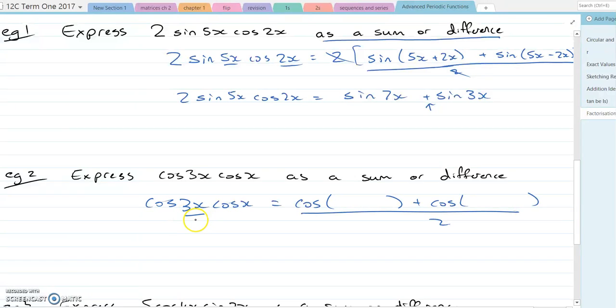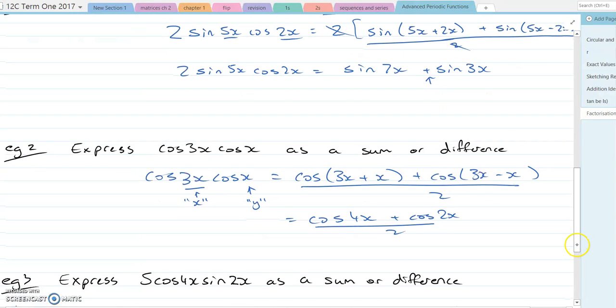Now remember, that is my x from my formula, that is my y from my formula. So we get 3x plus x, 3x minus x. So we get cos 4x plus cos 2x over 2. Capiche? Okay.